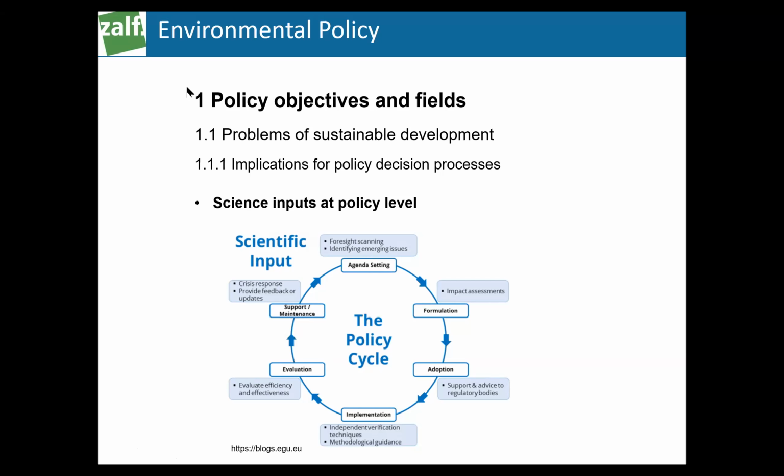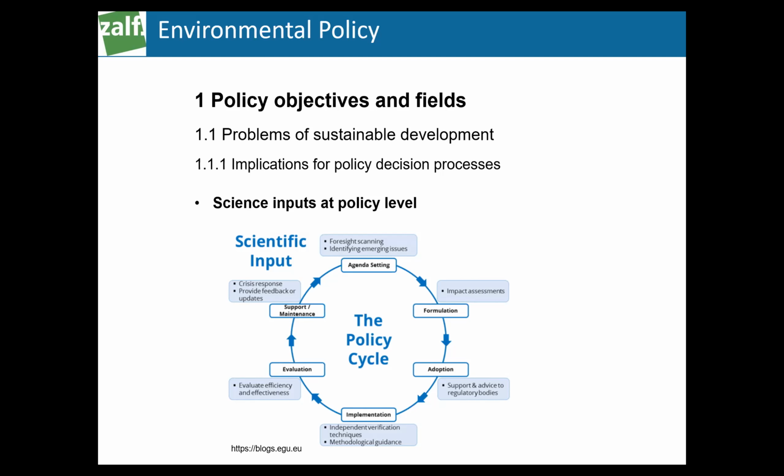But I would like to point here on the point of science inputs at policy level. We had this policy cycle, and the policy cycle is well defined also at EU systems, for example, that there's an agenda setting, a formulation of policies, and there is that everybody has to undergo at national, but at EU level, impact assessment regulations.